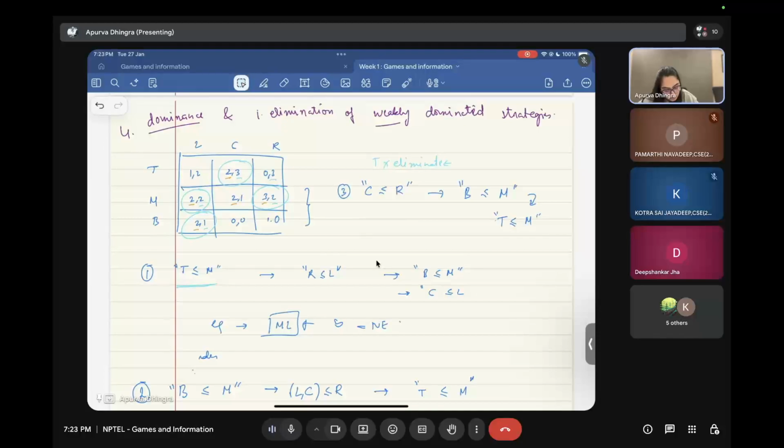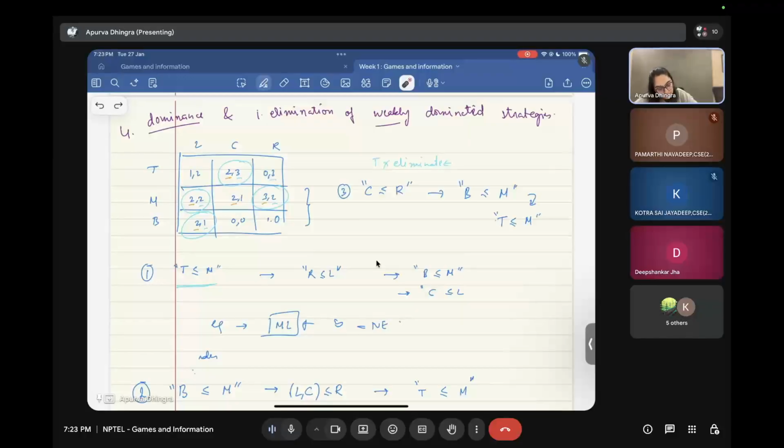T is gone, C is gone, and B is gone. So we're just left with this or this. Player 1 has no choice remaining. It's player 2 who has a choice. So player 2 would choose between L and R, and he's actually okay with both of them.